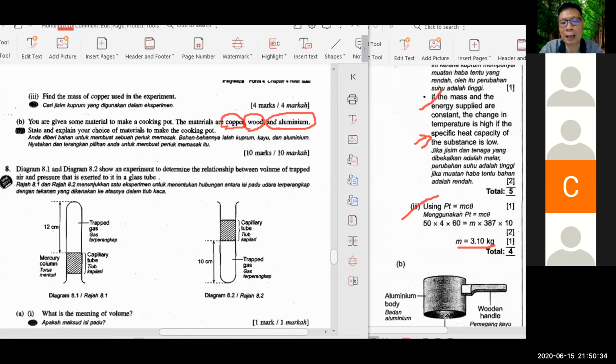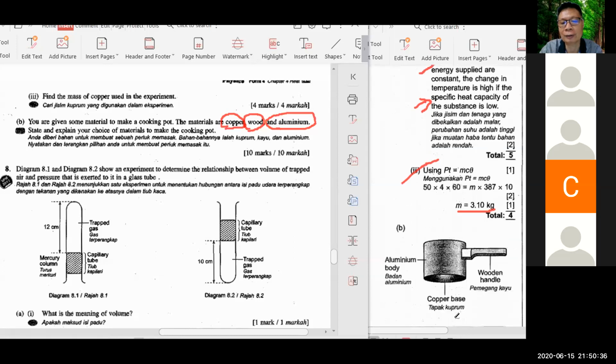Then the bottom parts use copper. The body here uses aluminum. Why like that? You can take out the diagram first, but later on you need to explain why. Why use wood, I think it's very easy, you know. But why use copper here? Why use aluminum here?